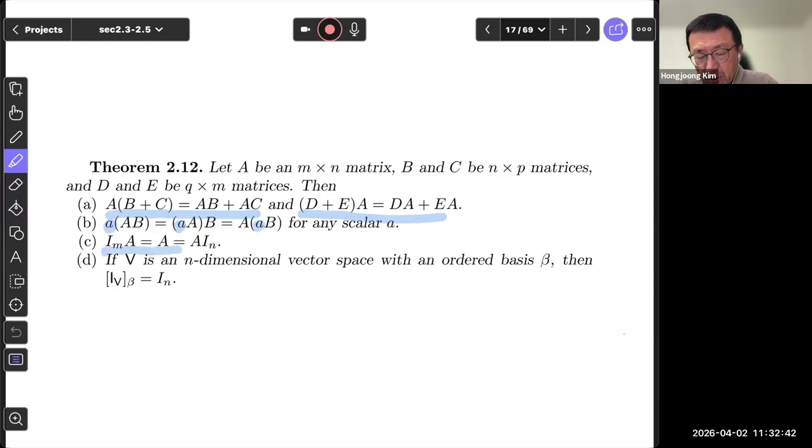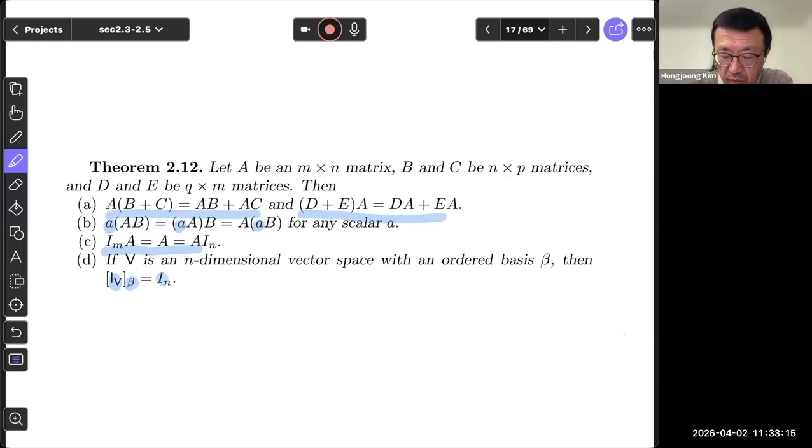The identity matrix does not alter the entries of the matrix A. Then, what is statement D? If V is an n-dimensional vector space with an ordered basis beta, then the identity mapping with respect to beta will be the identity matrix.